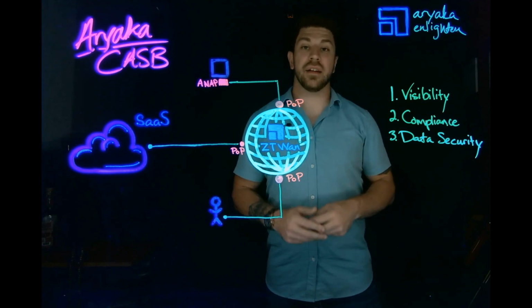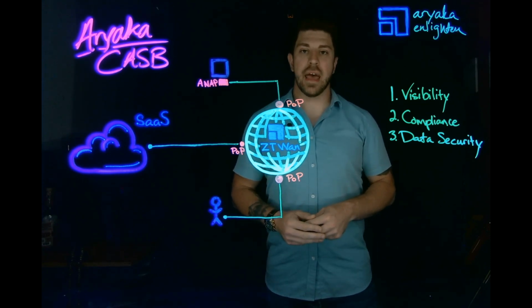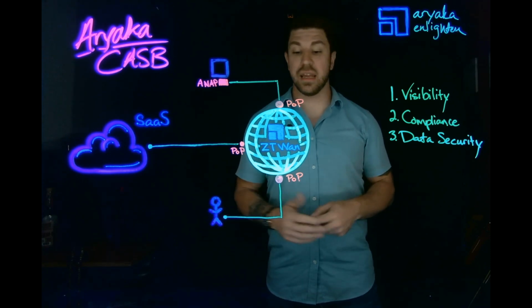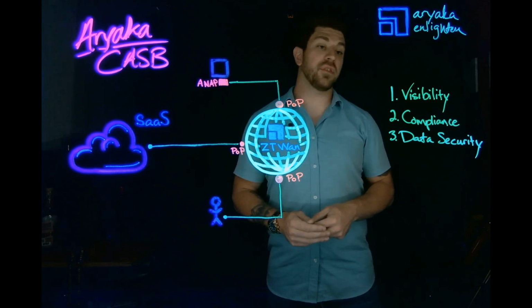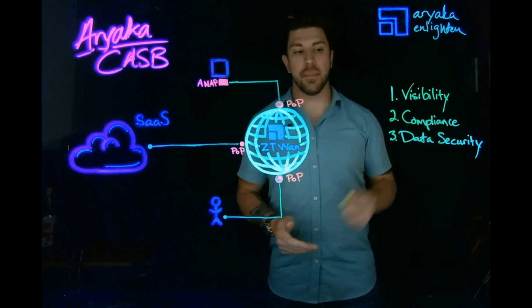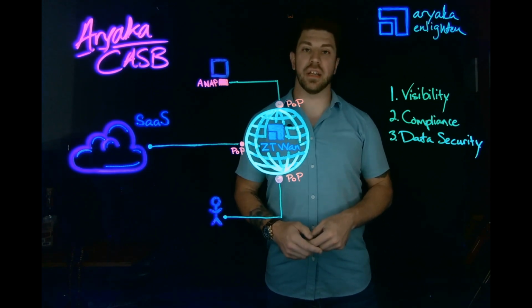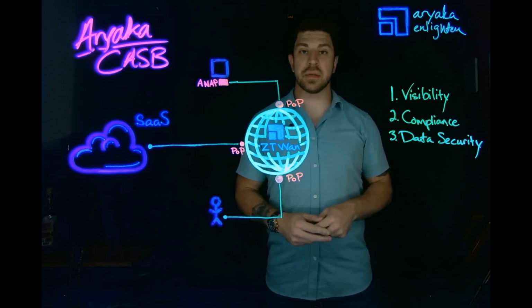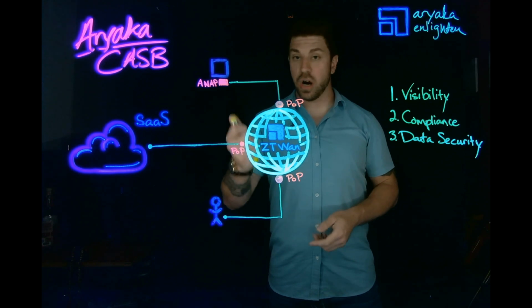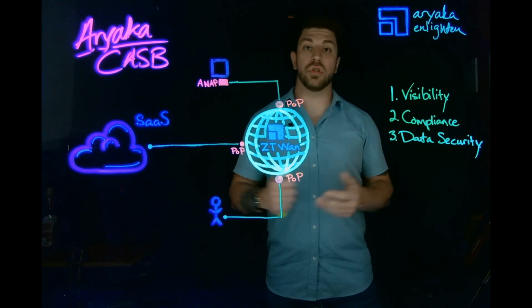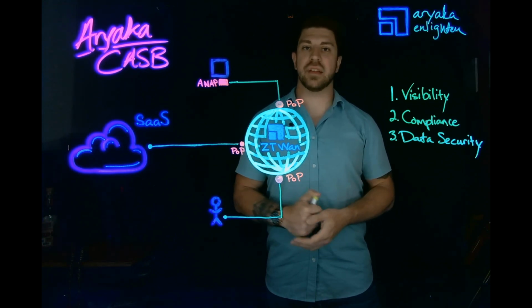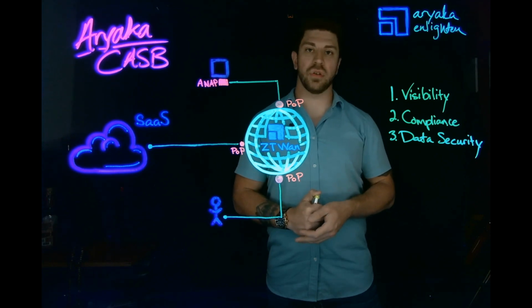Data is currency these days, and in order to maintain that value, you have to be able to protect all of that data and maintain compliance with regulations in order to do business. The CASB, especially Aryaka's CASB, allows you to do all of that while still maintaining an effective and functional connected team.